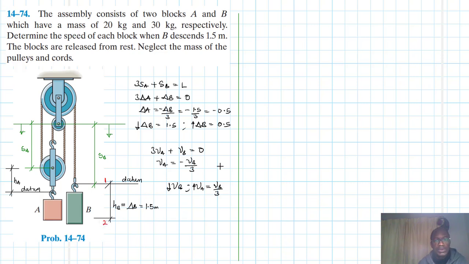We'll say T1 plus V1 is just equal to T2 plus V2. What is T? T is the kinetic energy, and V is gravitational potential energy and elastic potential energy. So what is T in our system here? Of course, they are all coming from rest, therefore this is just equal to 0. What about V1G?